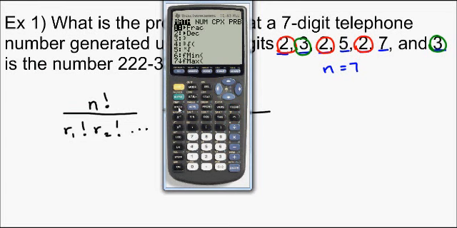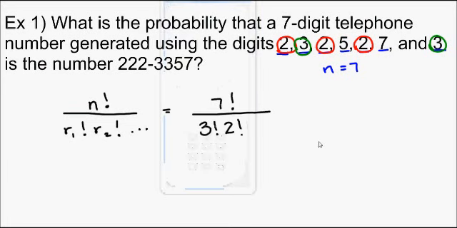To get to factorial, you hit Math, then go over to probability, PRB, number 4. That's all you have to do. So divide by 3 factorial times 2 factorial, and we get 420.